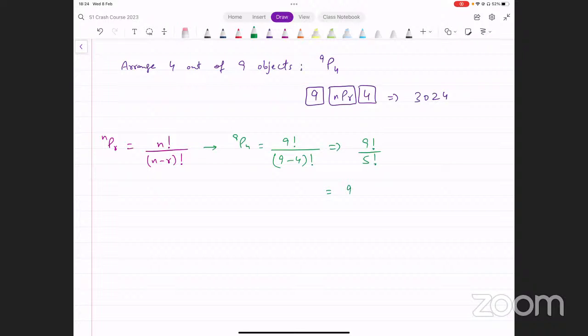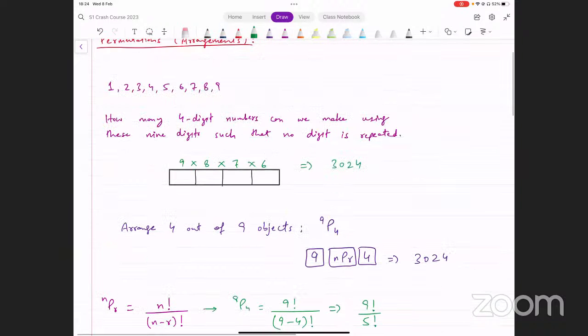If I were to write it like this, 9 into 8 into 7 into 6, then after this I'd have 5, 4, 3, 2, and 1. I could write all of them as 5 factorial. In the denominator, I would then have 5 factorial as well. 5 factorial and 5 factorial get cancelled, and we're left with 9 into 8 into 7 into 6.